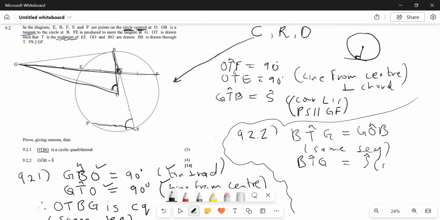The reason: corresponding angles, because PS is parallel to GF, right? And then from there, we can say GOB is equal to S. Proven.